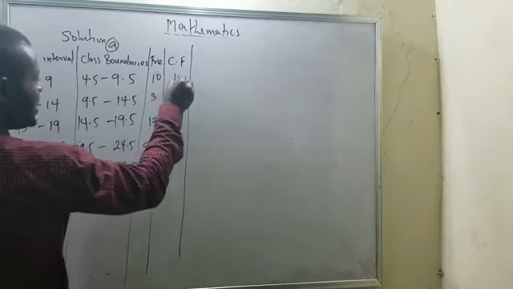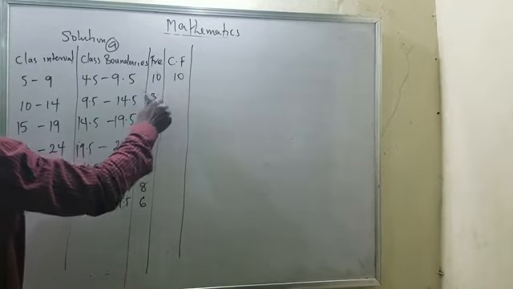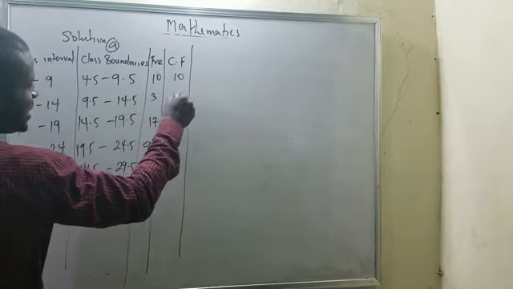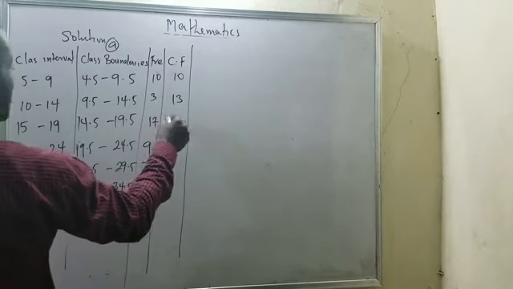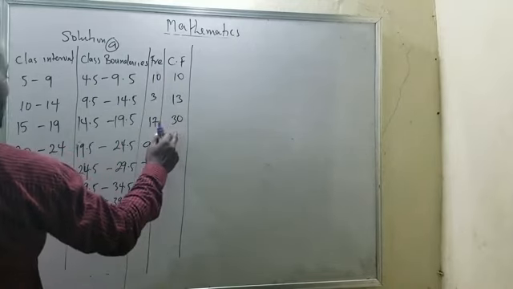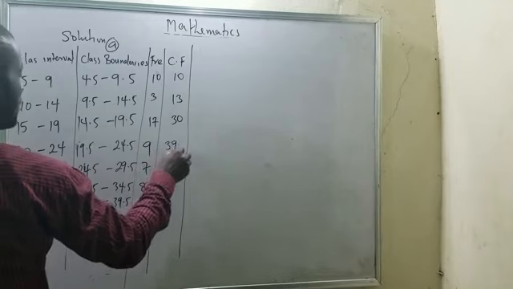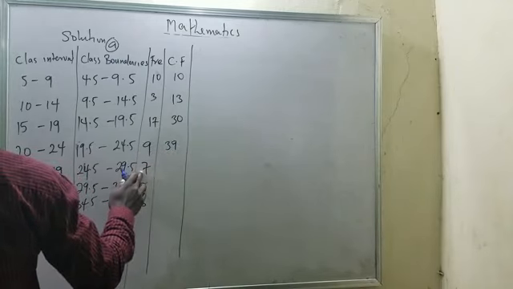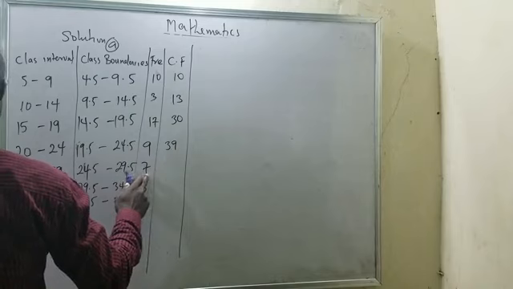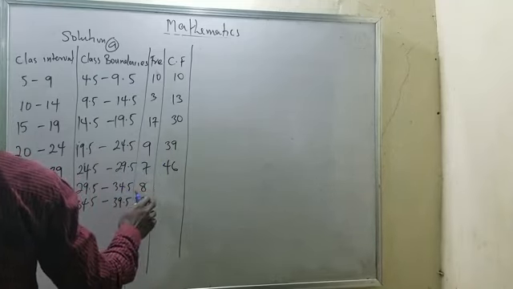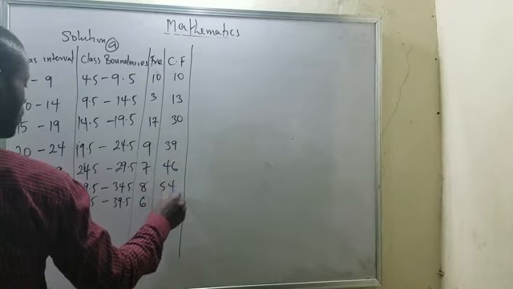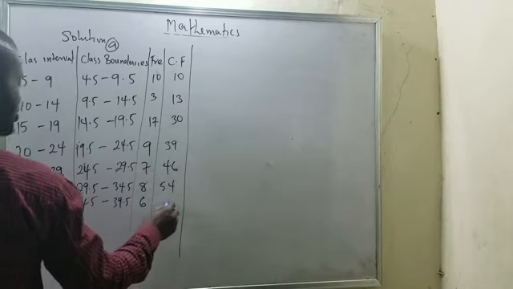Now, how do I generate that? I will have 10 as the first one. 10 plus 3 is 13. 13 plus 17 is 30. 30 plus 9 is 39. 39 plus 7 is 46. 46 plus 8 is 54. 54 plus 6 is 60.